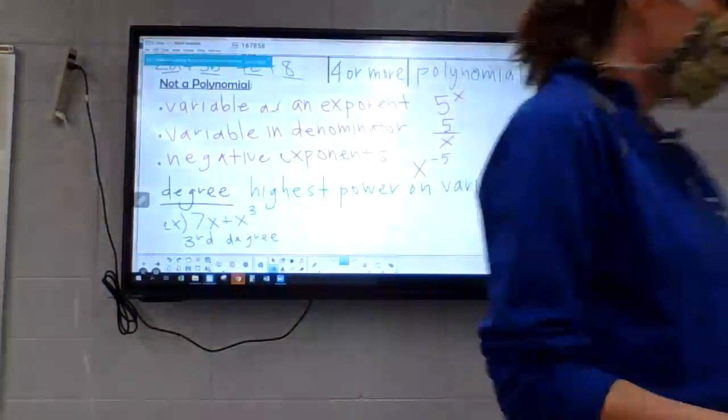Now we're going to get into adding and subtracting with polynomials. Now, we talked about adding and subtracting like terms previously. Back in our solving equation days, we added and subtracted like terms.